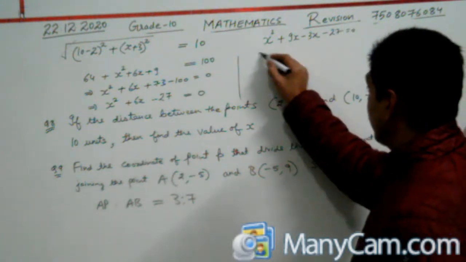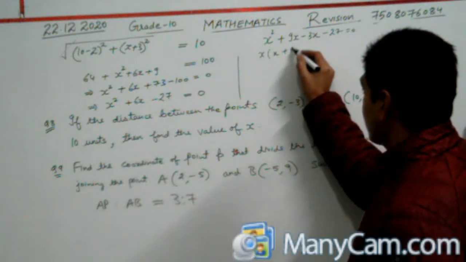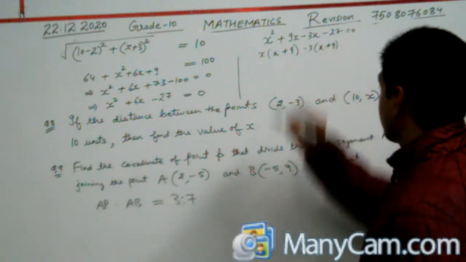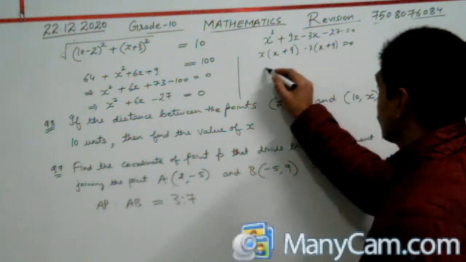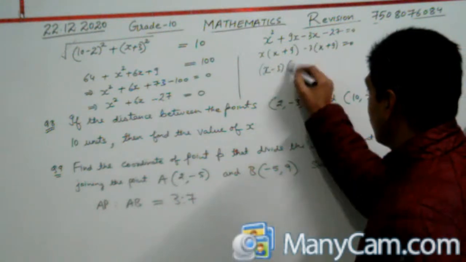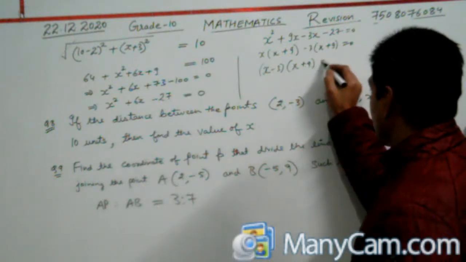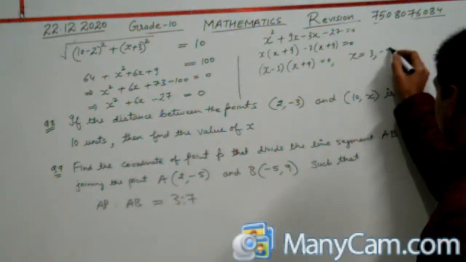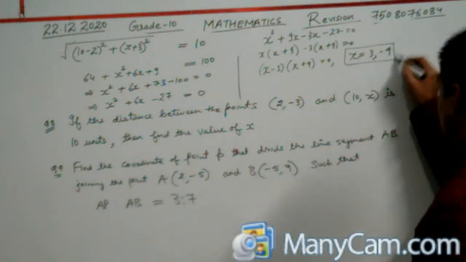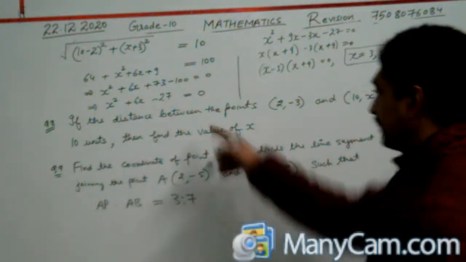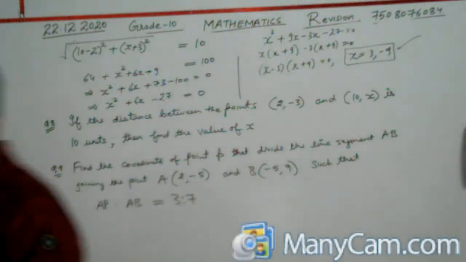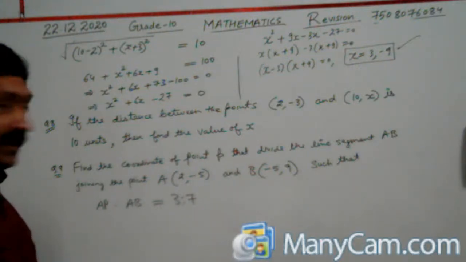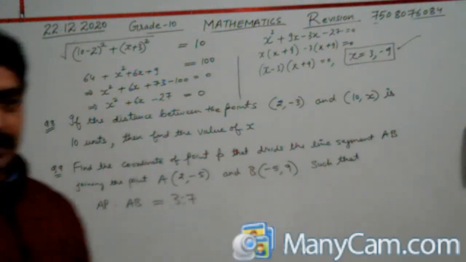So we have x into x plus 9 minus 3 into x plus 9, so x minus 3 and x plus 9 is equal to 0. So x has two values, x is either 3 or x is minus 9. These are the two values which will satisfy the equation. What is x? x is minus 9 and 3, right?